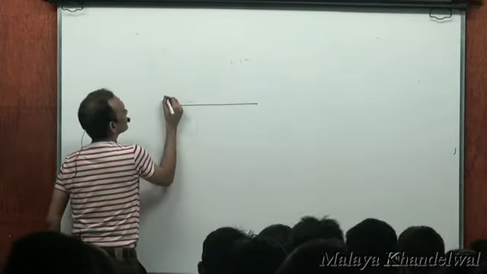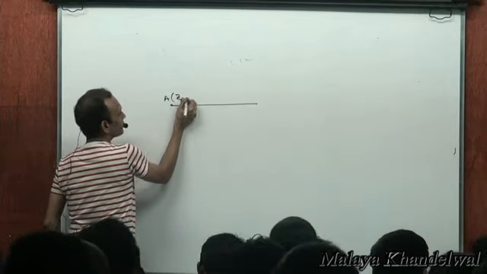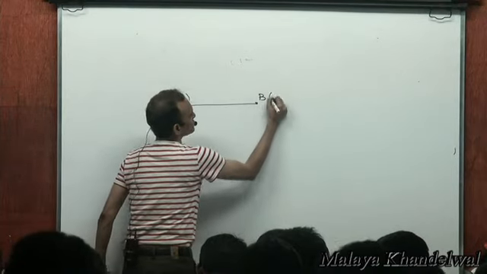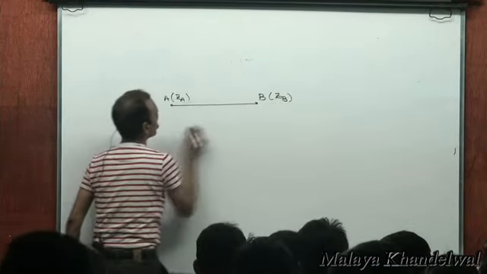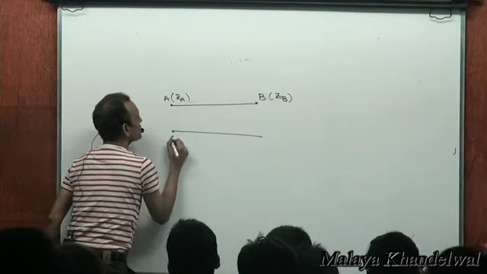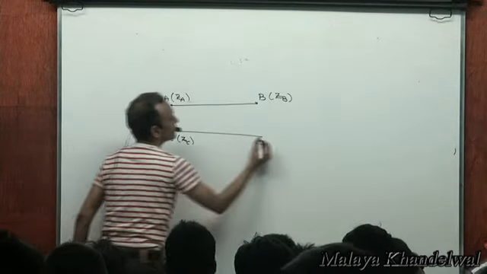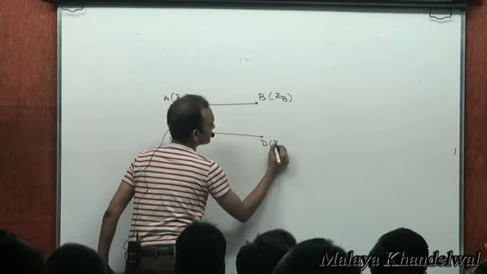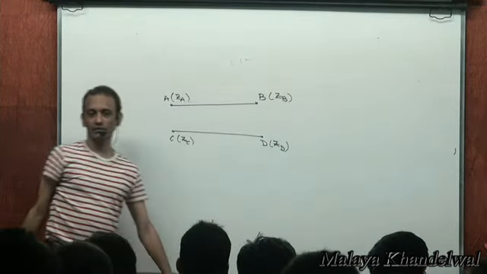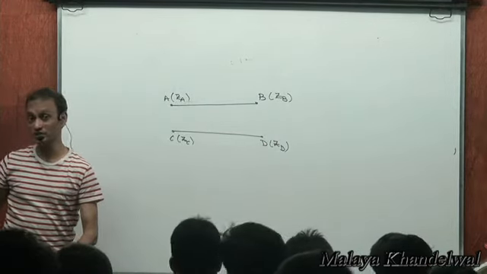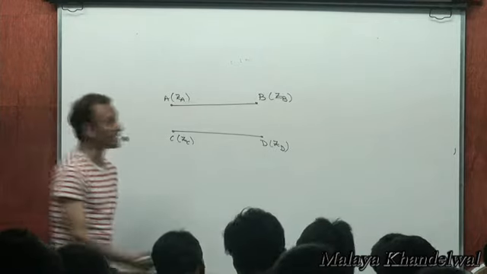Suppose this is A with position vector ZA, B with position vector ZB, C with position vector ZC, D with position vector ZD. And suppose AB is parallel to CD this time.